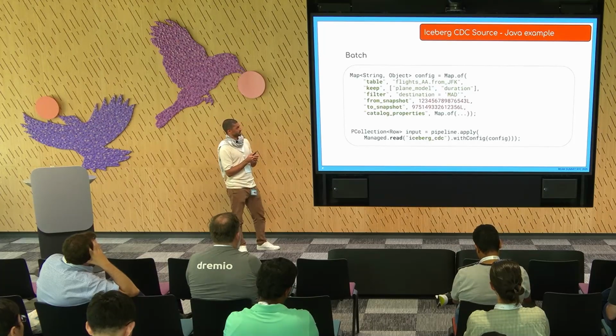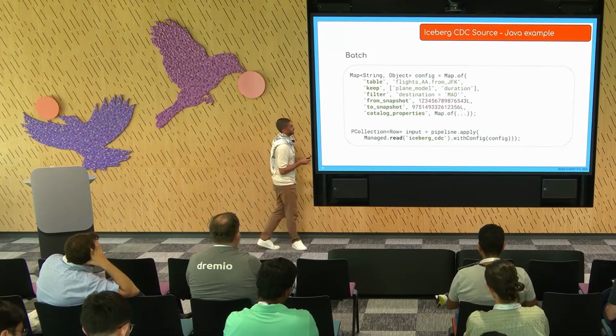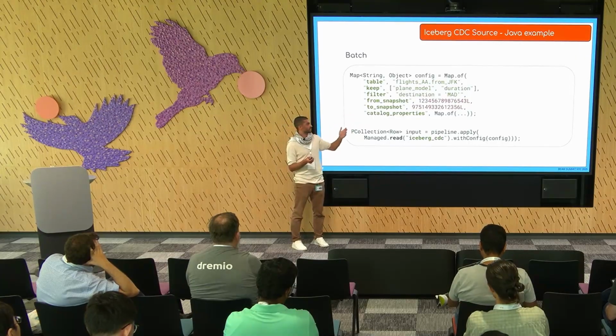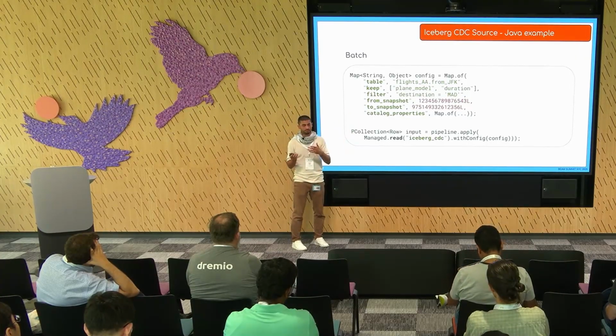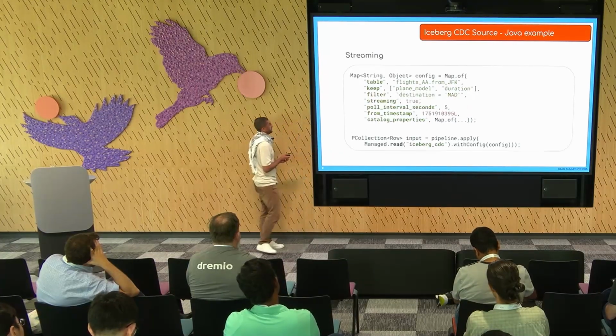For batch, here's an example. You just say, I want to read from this snapshot to this snapshot. Or you can say from timestamp to timestamp, or from timestamp to snapshot. You can interchange it.